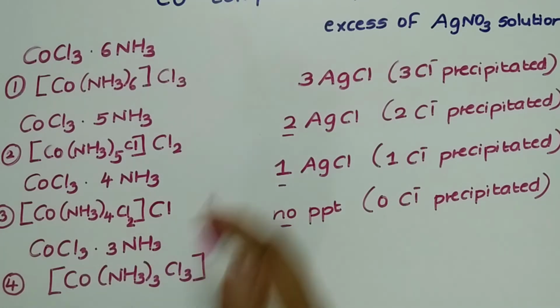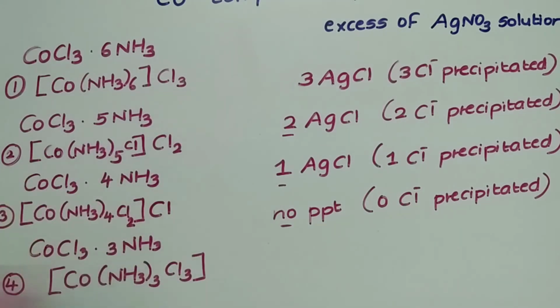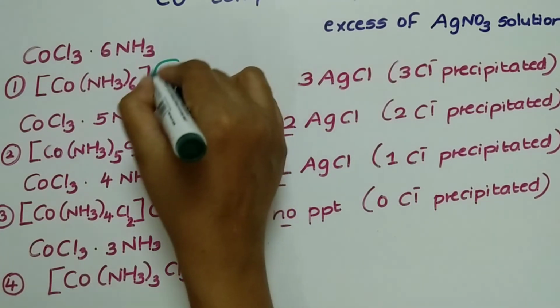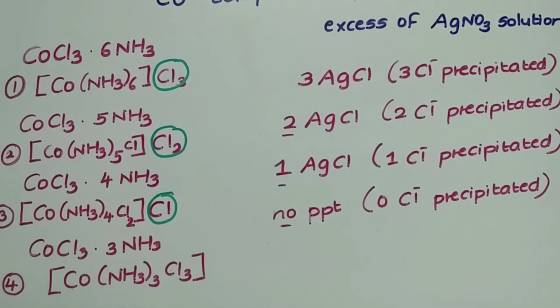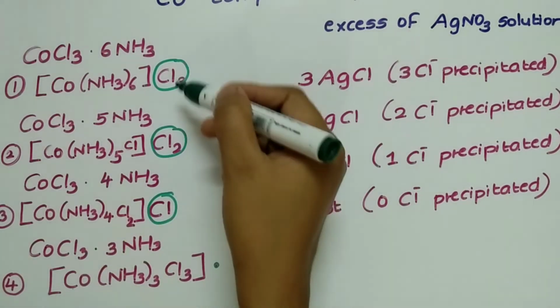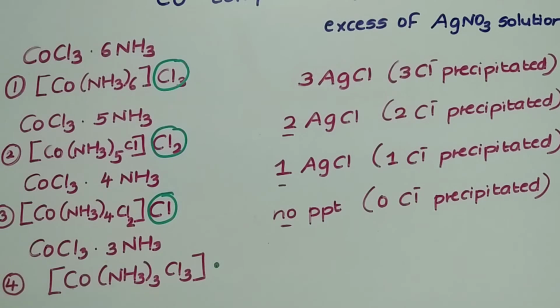So from these formulas, first, second, third and fourth, he concluded that the chloride ions which are written outside the square bracket, here no chloride ions, correct? So the chloride ions which are written outside the square bracket are the primary valency.